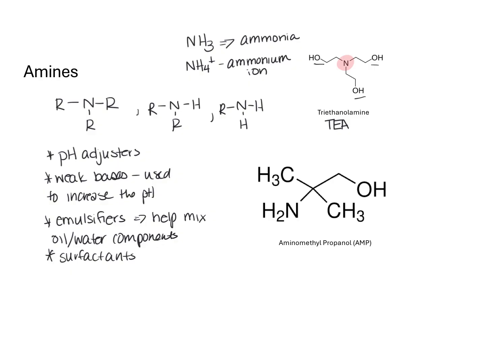Another one that we see pretty commonly is the aminomethylpropanol. It's referred to as AMP. It's an amino alcohol. It's got the amine group shown right here with an alcohol group. It's a lot of times also used as a pH adjuster. It neutralizes. It can do all the same things.